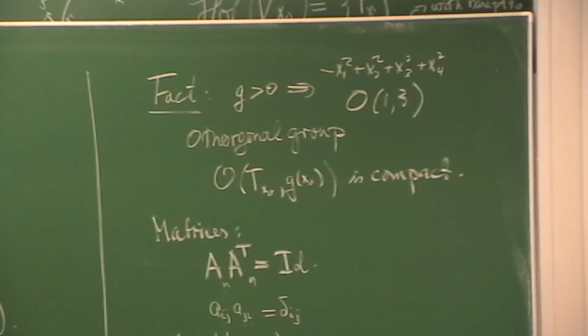Well, all of this holonomy stuff, to get a compact group or all of this, we needed a metric.